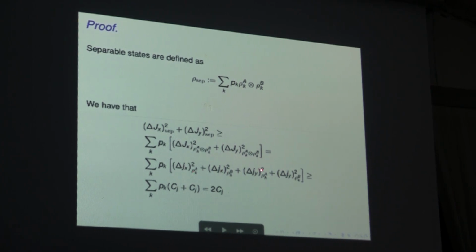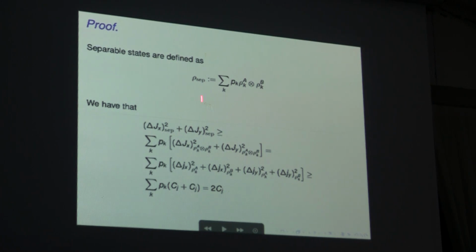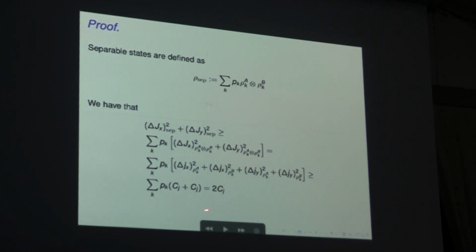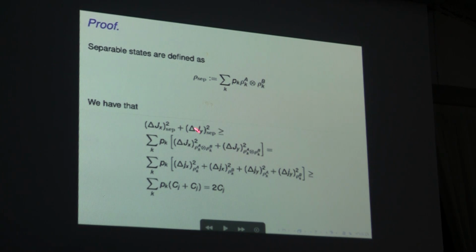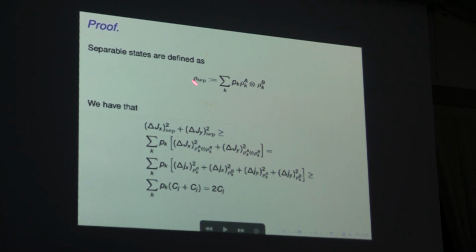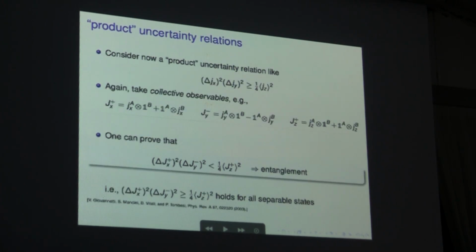So if you have a lower bound on this sum and on this sum, you just add up, and you can believe me that such a lower bound will hold for all separable states. If you go below this threshold, there is no way your state can be decomposed like this. That's essentially the idea, and what you want to verify in the experiment afterwards.